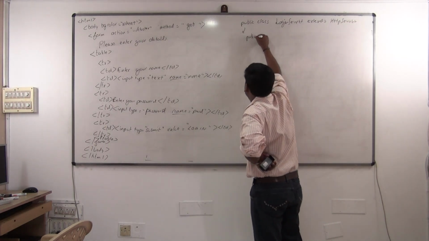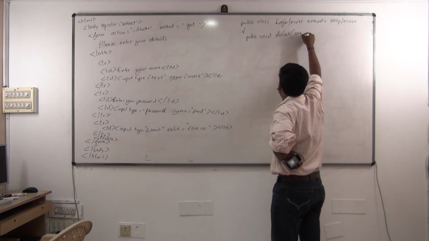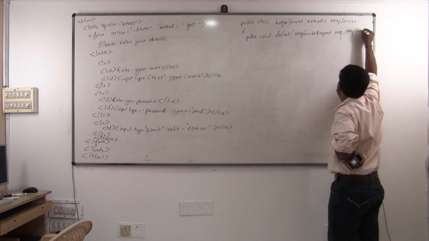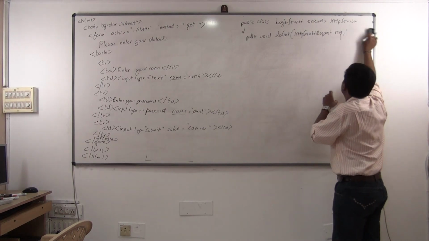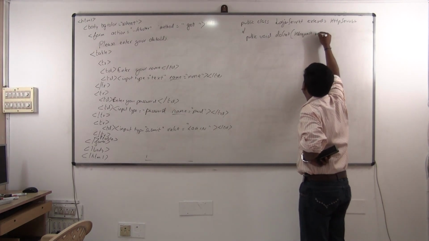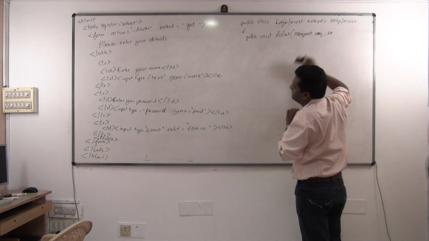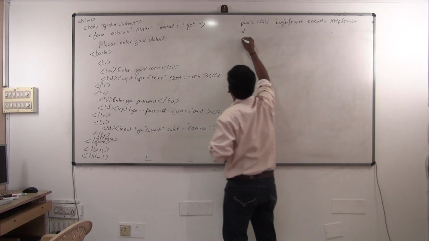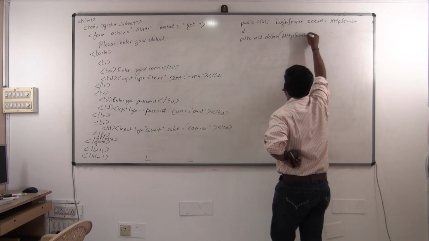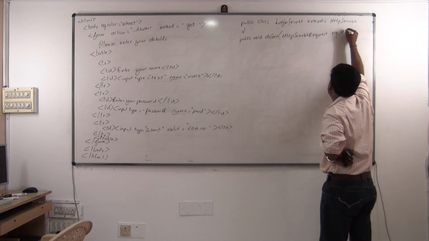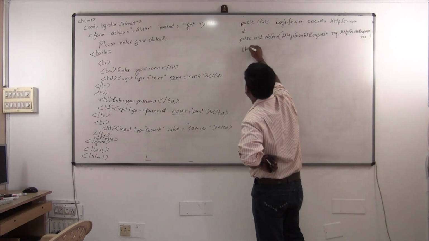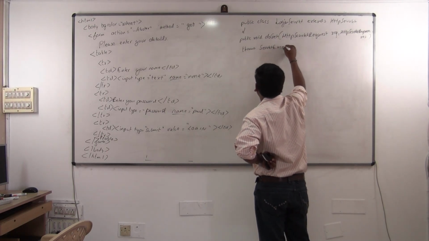The next would be public void doGet(HttpServletRequest req, HttpServletResponse res) throws ServletException, IOException. Same story will continue.